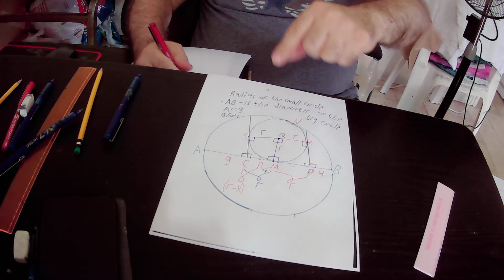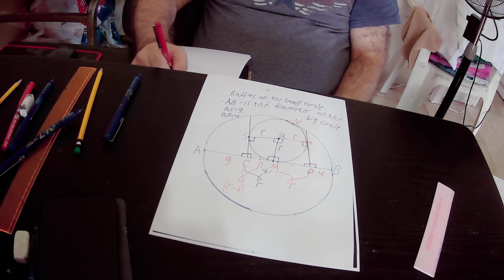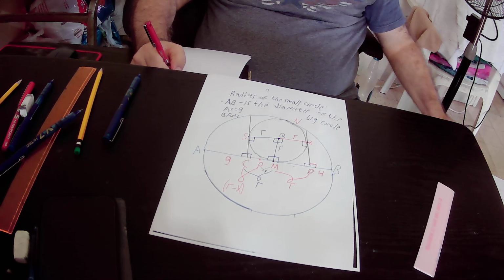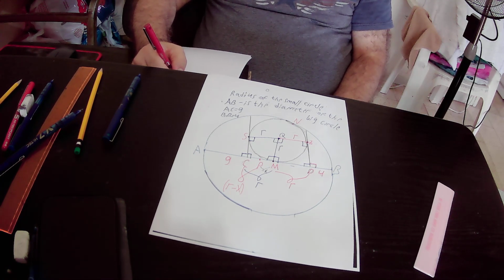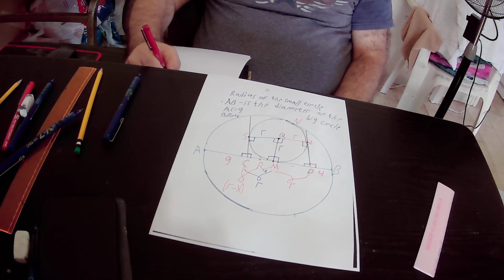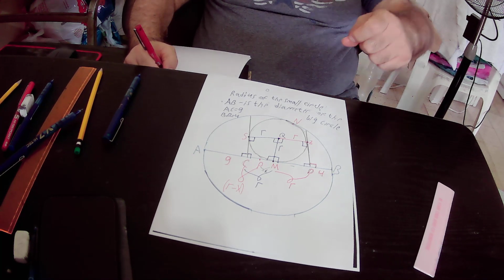So this PQ, according to rule number 5, equals the difference between the lengths of their radiuses.